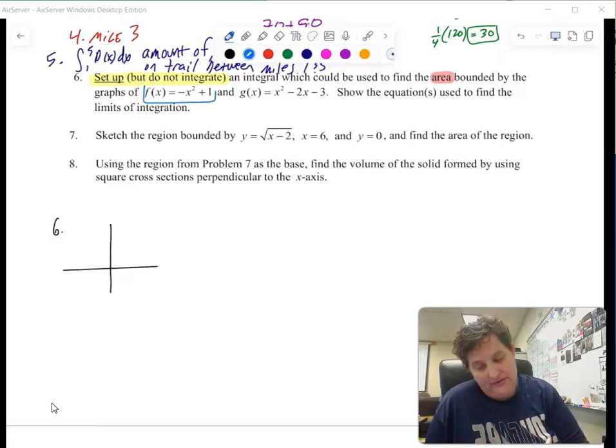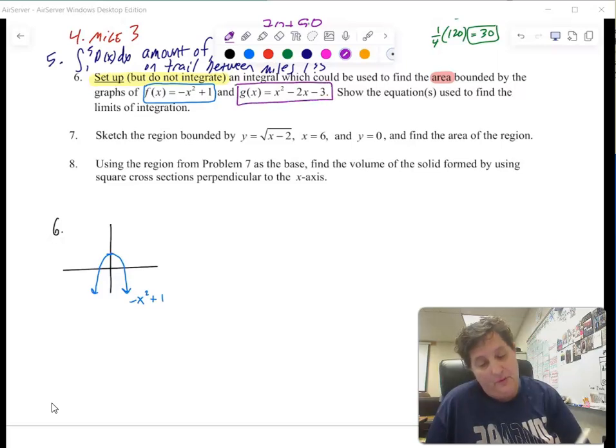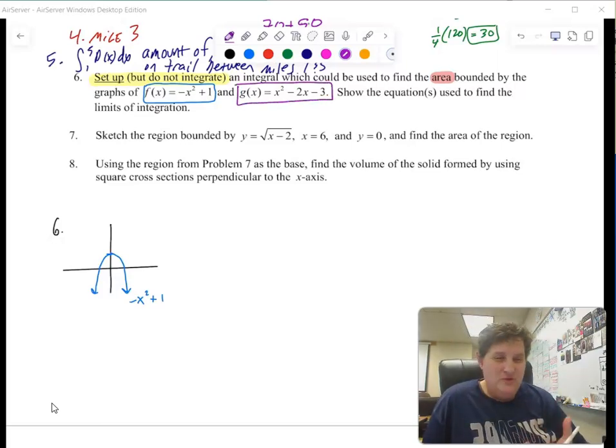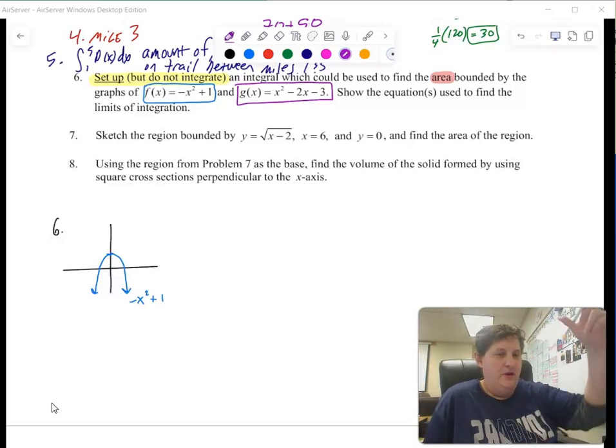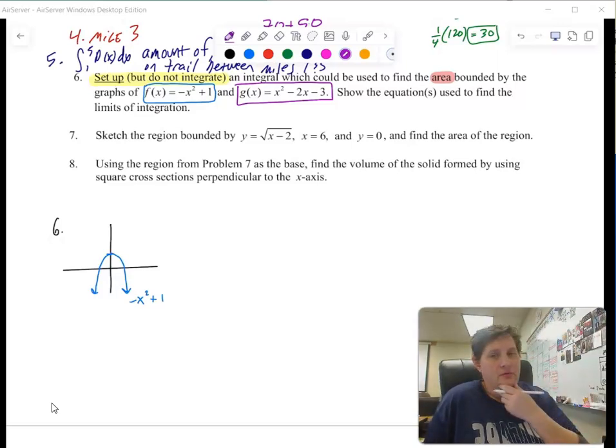All right, let's talk about this graph. It's a parabola that's upside down, that's up 1 unit. All right, and then let's take a look at what this is. That's a parabola. You don't really need to know the specifics. Like, we know that it's a right side up parabola.